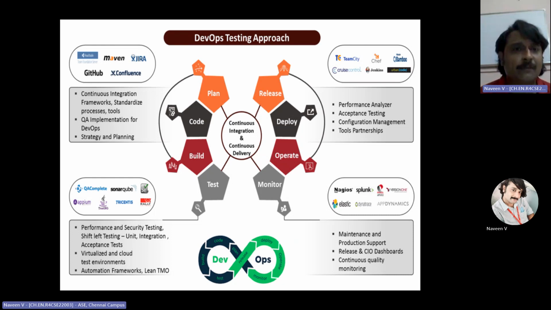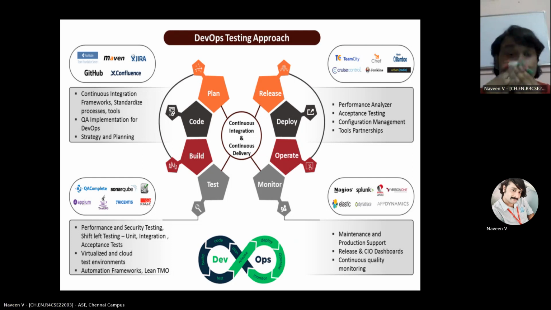This DevOps testing approach is used in many tools like Jira, Maven, GitHub, Confluence, TeamCity, Chef, Appium, and Splunk. These are all software testing tools which adopt the DevOps testing approach, which is based on continuous integration and continuous delivery.